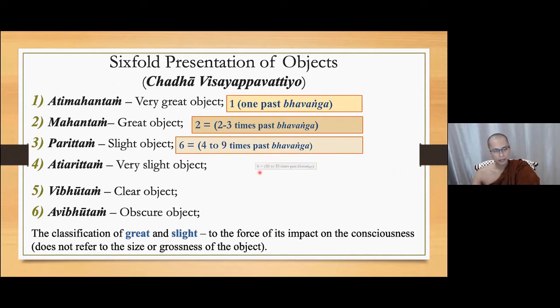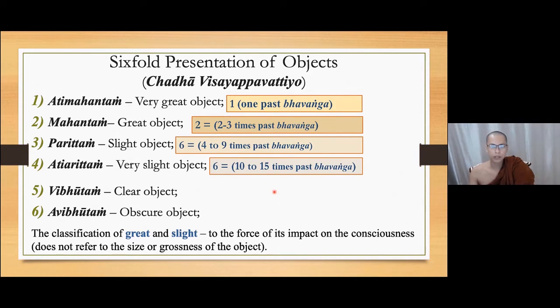Then the number 4, Ati Mahandan, very slight. So very slight, 10 to 15, so 10 times past Bhavanga. As you know, our duration of the materiality is 17 times of the mind movement. So during the 17 times mind movements, if the past Bhavanga consists of 1, we can say the remaining 16 are cognition process.